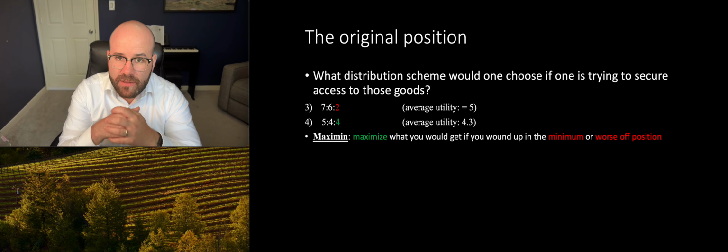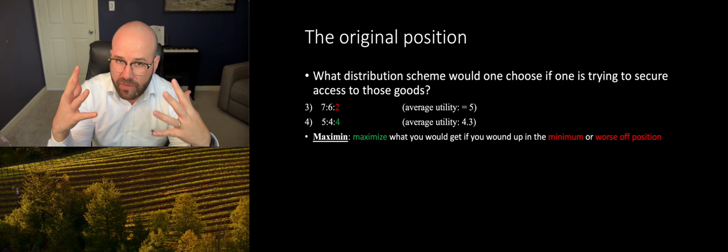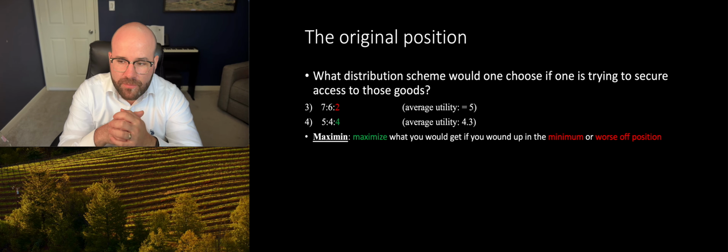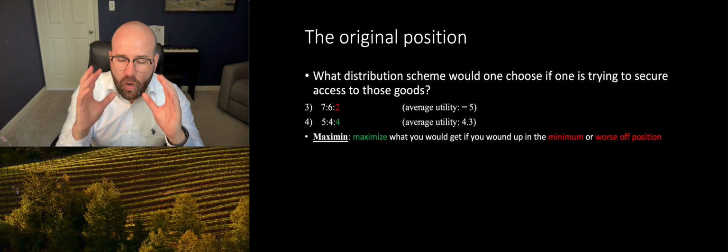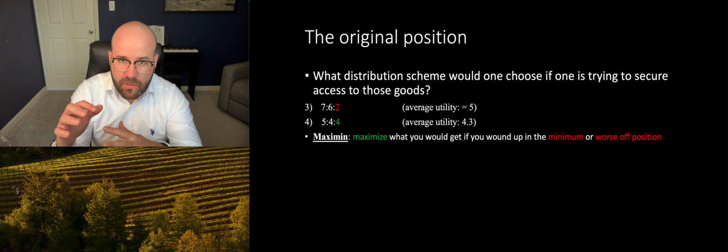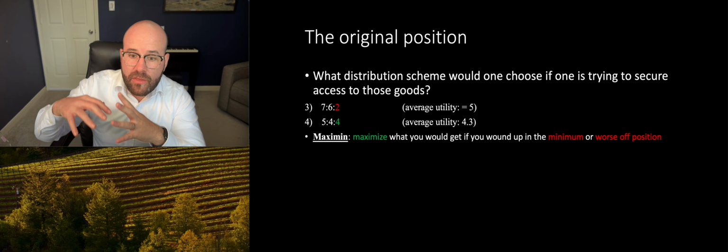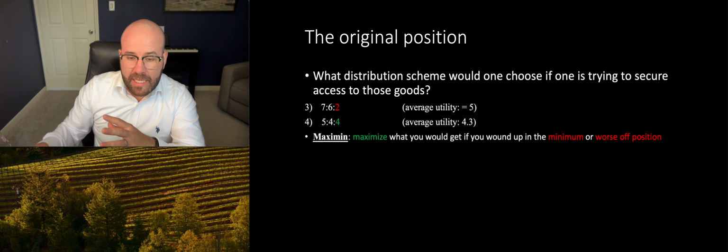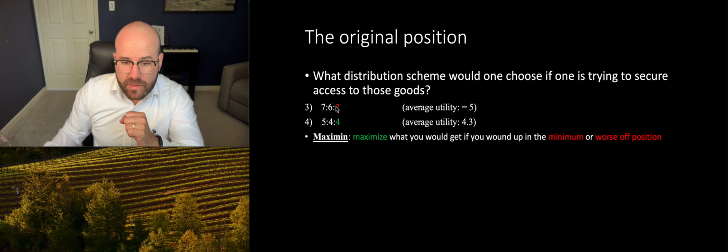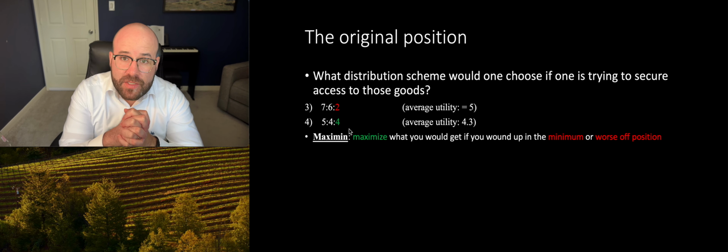Again, this is hypothetical, but we can all see the point. So he says always maximize the worst off position to the best of your abilities. In this case, because the worst position is either 2 or 4, he says you should always go for 4. And indeed, this aligns with his difference principle.